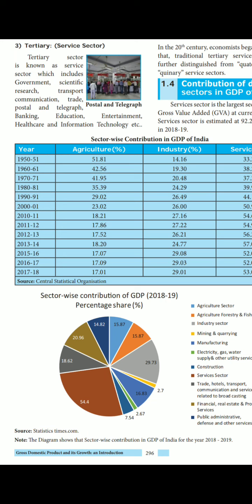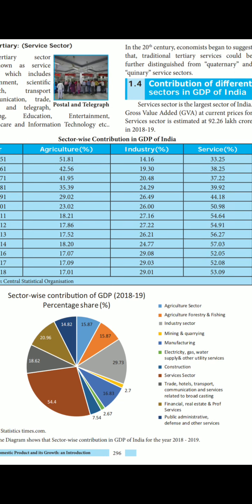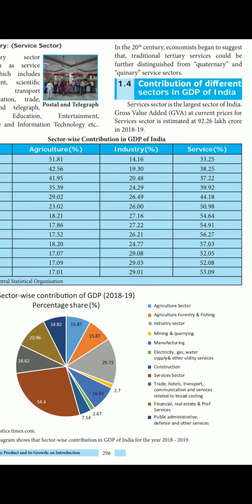All these come under the third sector, the tertiary sector or service sector. In the 20th century, economists began to suggest that the traditional tertiary service could be further distinguished into quaternary and quinary service sectors also.